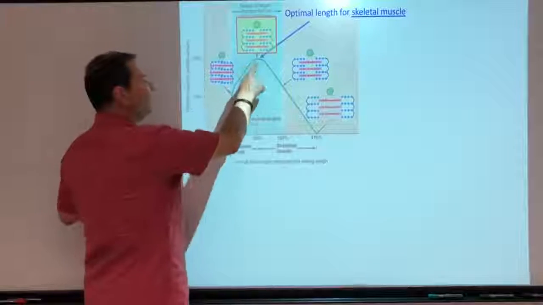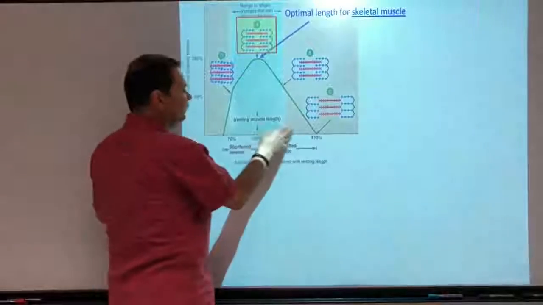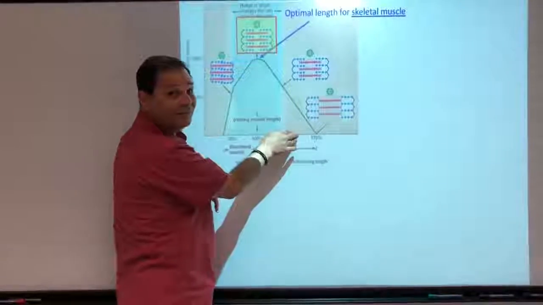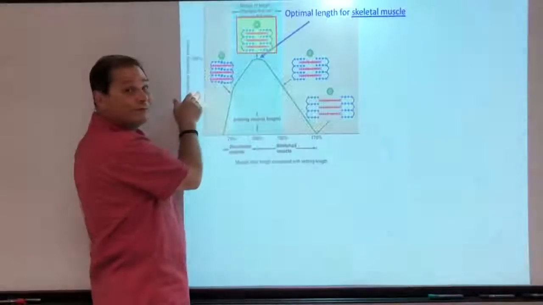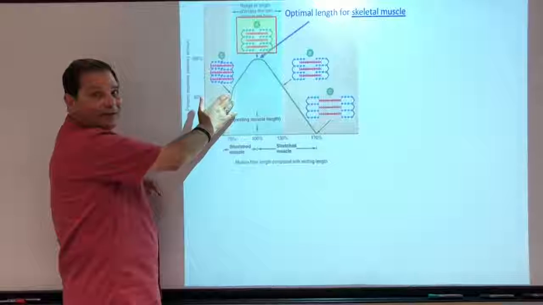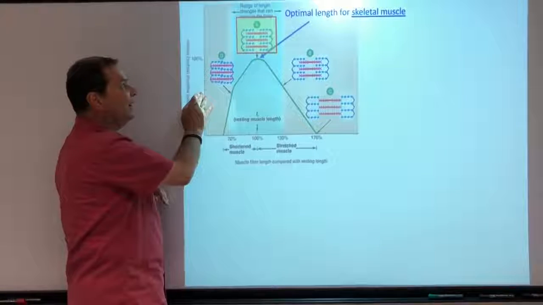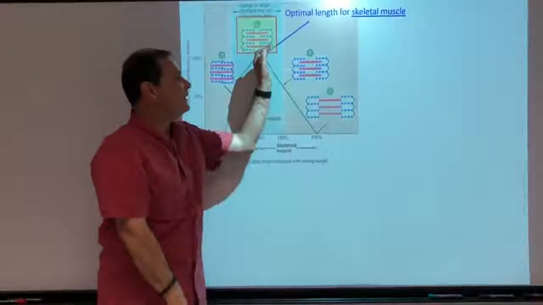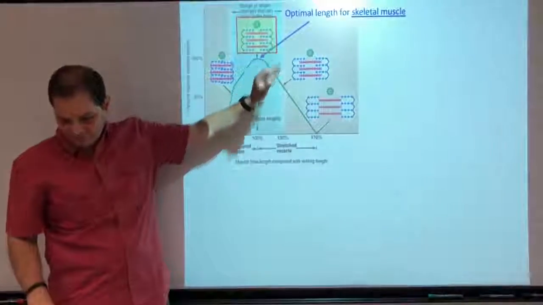So if your skeletal muscle is sitting here and you stretch it to a longer than normal length and then stimulate it to contract, it will contract with less force. If you make it a shorter than normal length and you stimulate it to contract, then it will contract with less force as well. So this is skeletal muscle. This is where it optimally sits at rest.